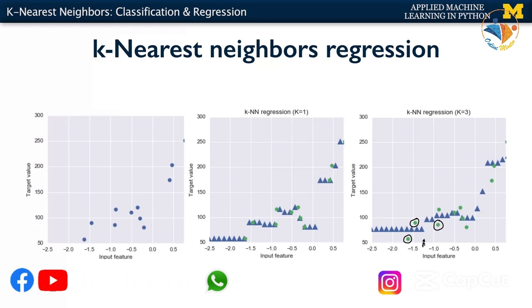And if we do that, we find that the output when the query point is this x value is going to be the average of the y values of the 3 nearest training points, or this value here. Similarly, if we have a query point that is here, then the 3 nearest neighbor points are here, here, and here. And the average target value of these 3 training points is something like this.